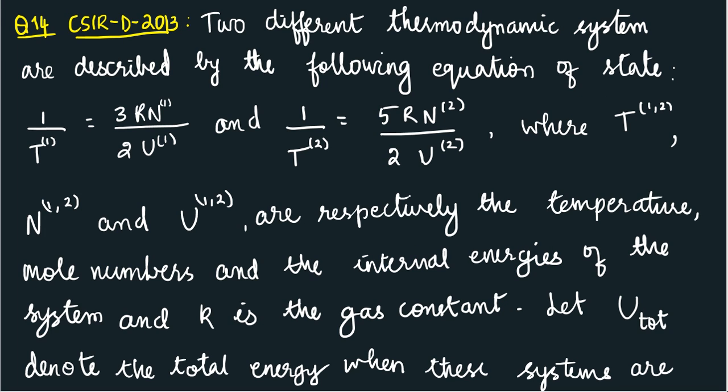Next is a simple problem. You just have to think. Two different thermodynamic systems are described by the following equations of state. This one is the first state equation, and this is the second state equation.